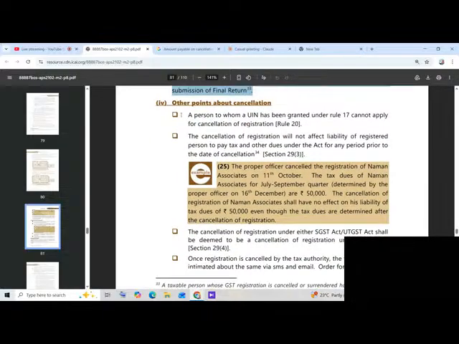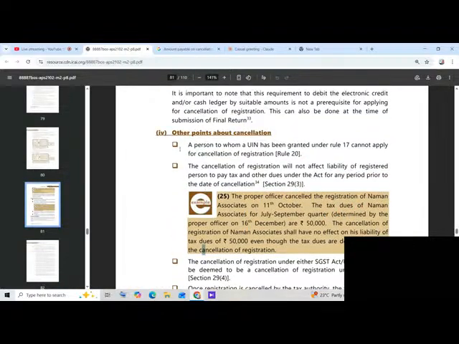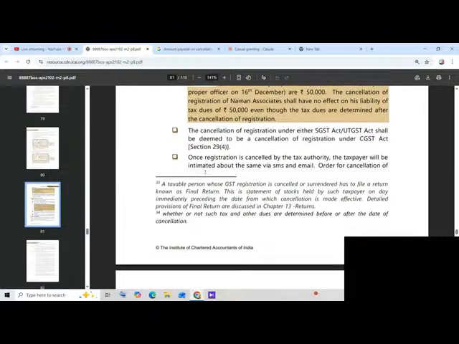Other points about cancellation. A person to whom UIN has been granted cannot apply for cancellation of registration. Okay, so let's look at these other points about cancellation.